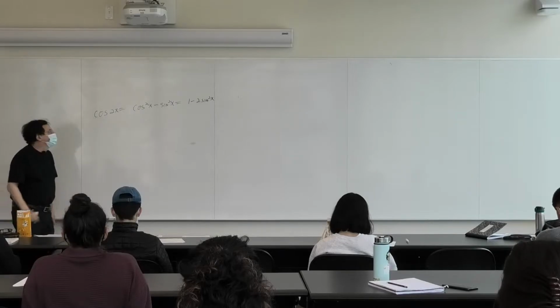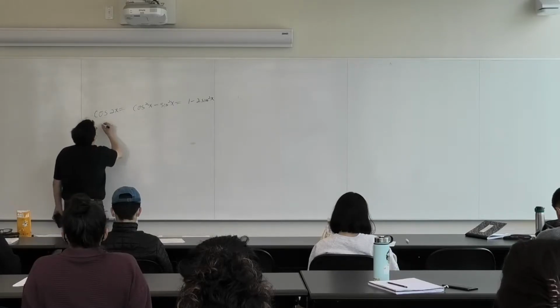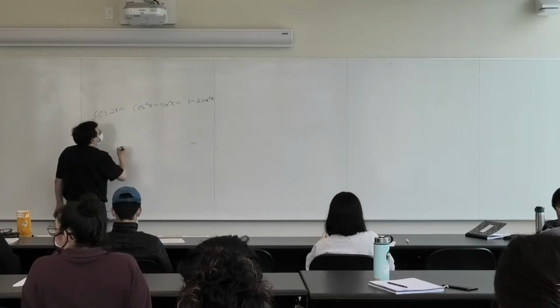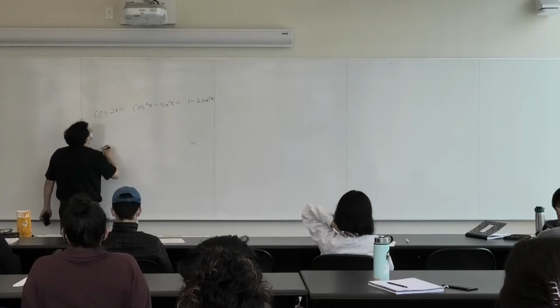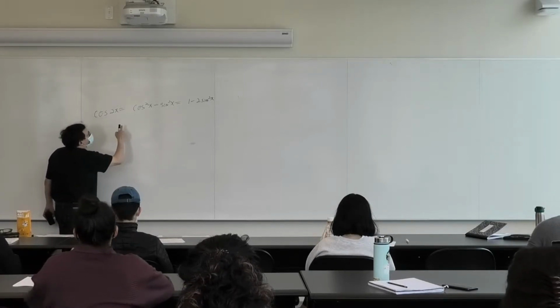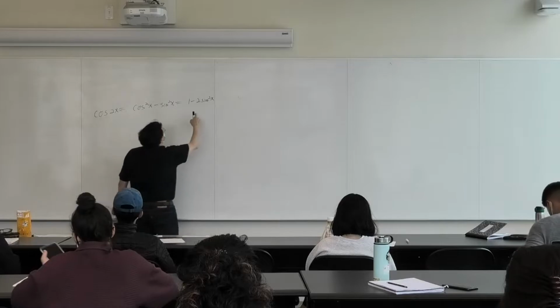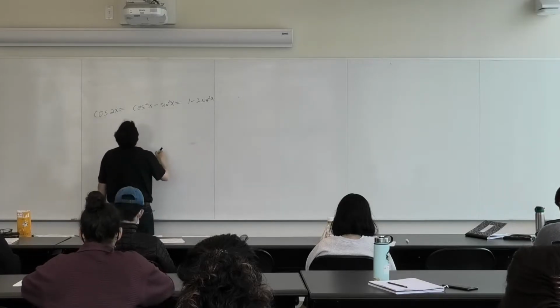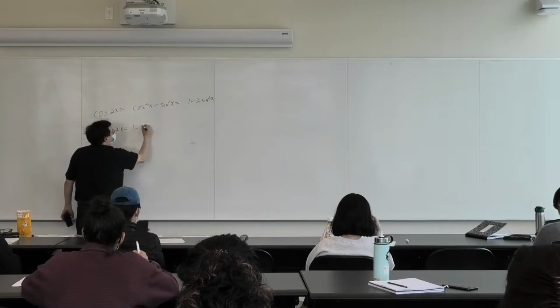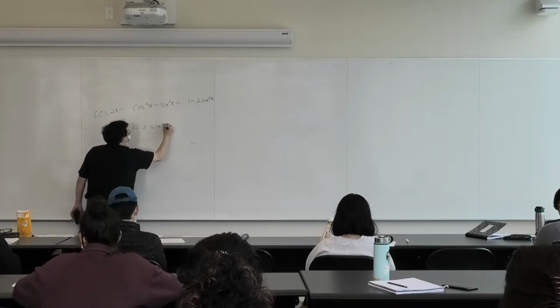Right? Wait, is that what I wanted to do? Yes, that's right. So we've got cosine of 2x equals 1 minus 2 sine squared x.